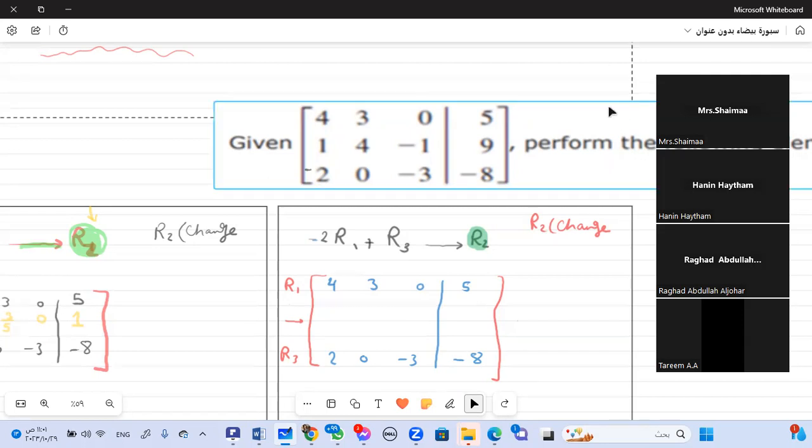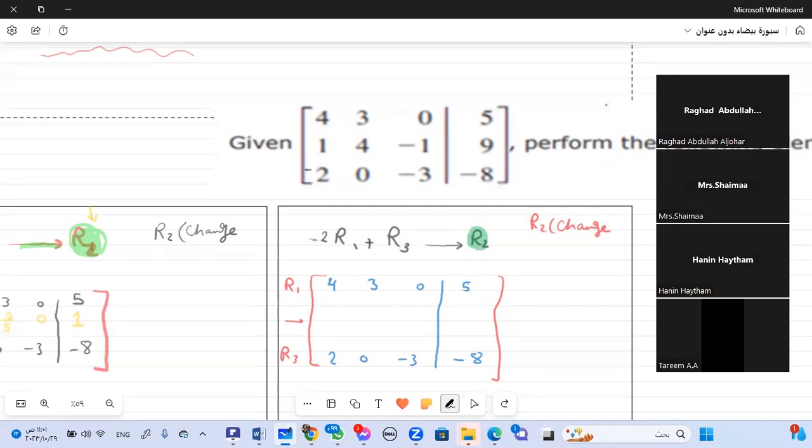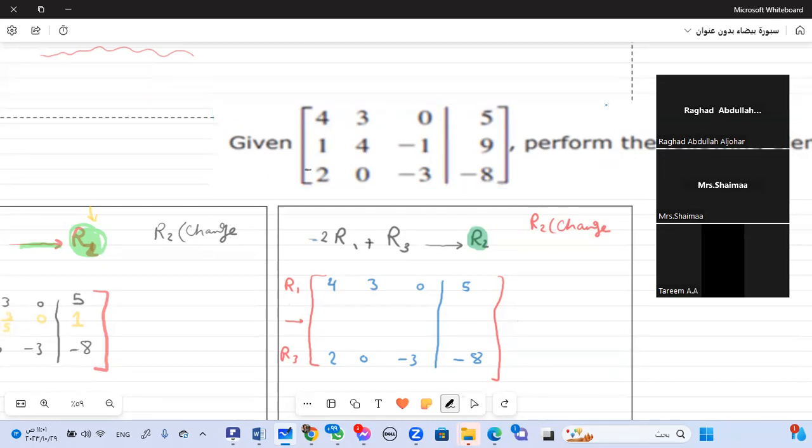Yes. We're going to multiply -2 by R1. So take R1 and multiply by -2. So it will be -8 and -6.